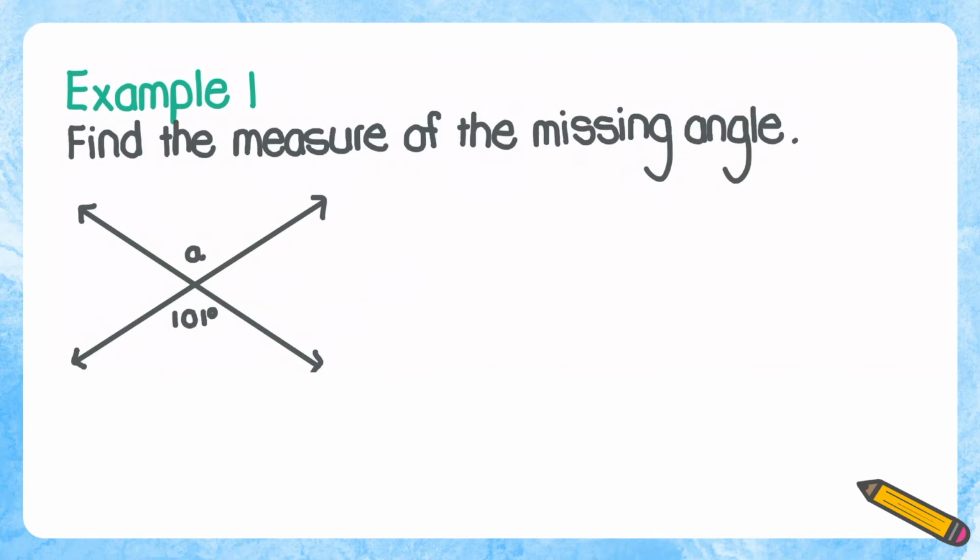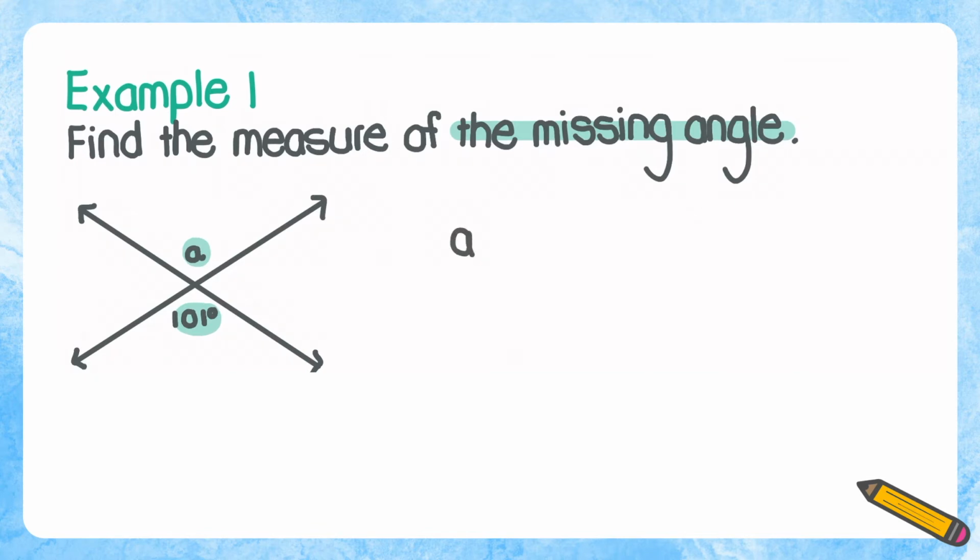Here's our first example. We are going to find the measure of the missing angle. The missing angle here is the angle A. Notice how there is an opposite angle that measures 101 degrees.